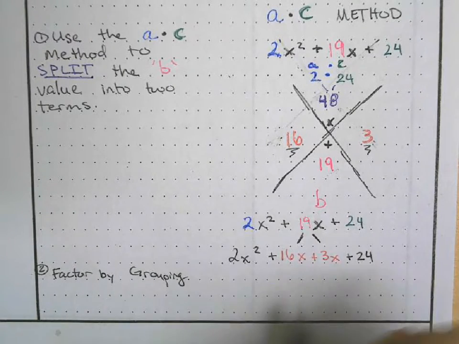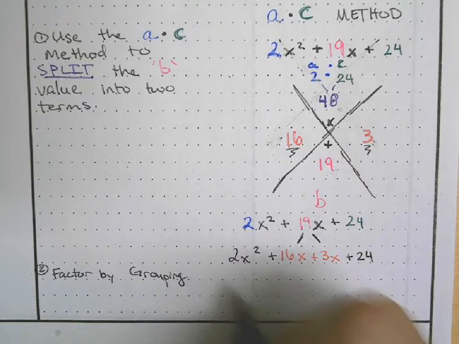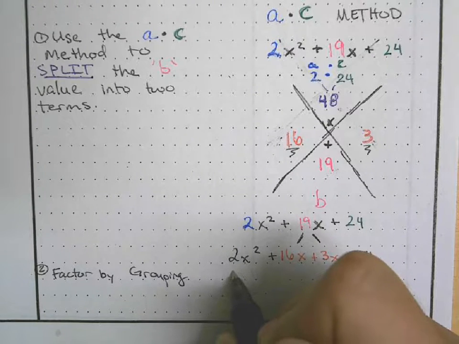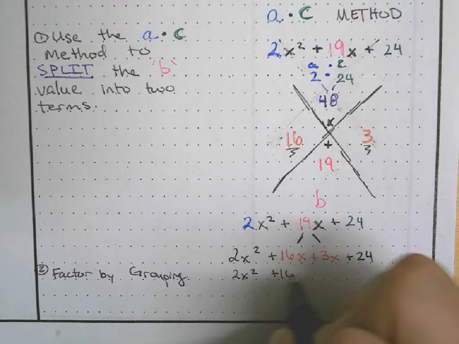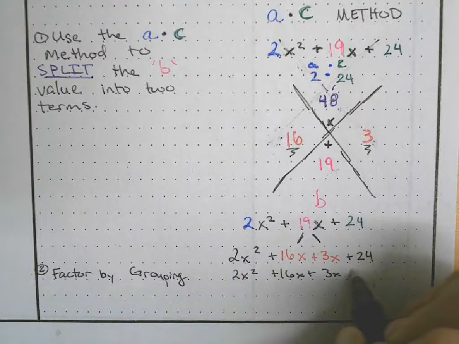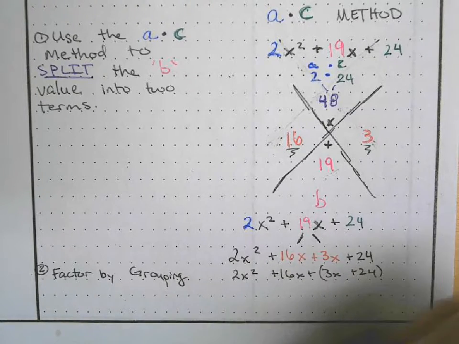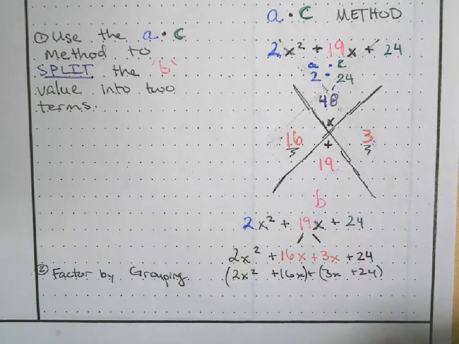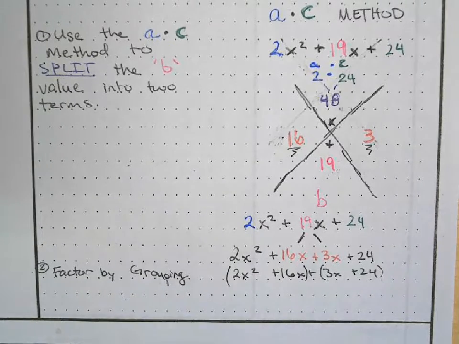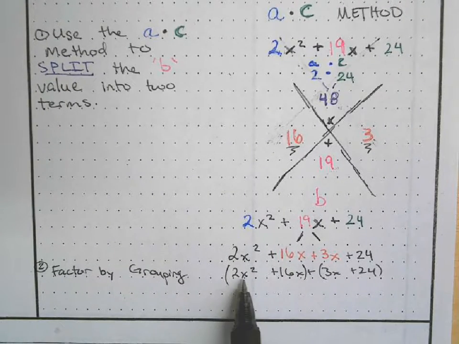I'm just going to copy the problem again and put my parentheses around it. So I'm going to have my 2x squared plus 16x plus 3x plus 24. Now we're just going through this grouping factoring process. What can I factor out of 2x squared and 16x?